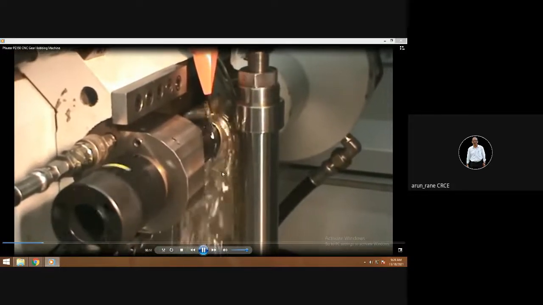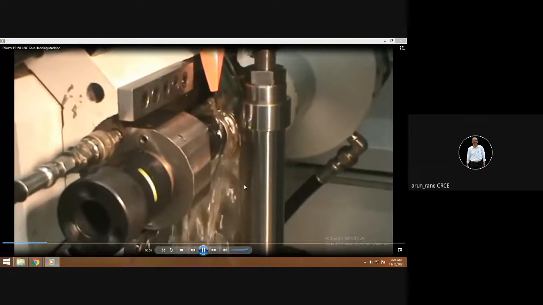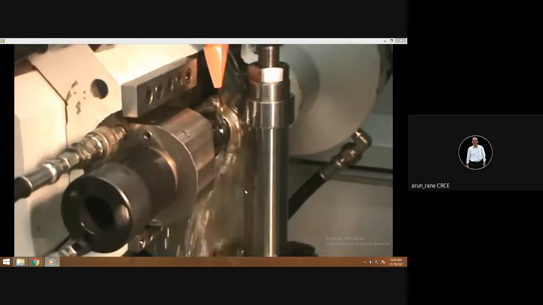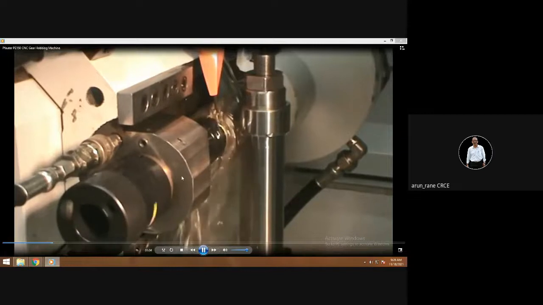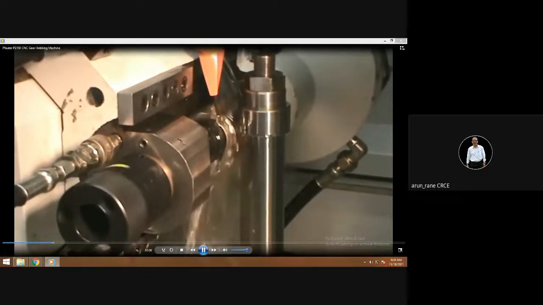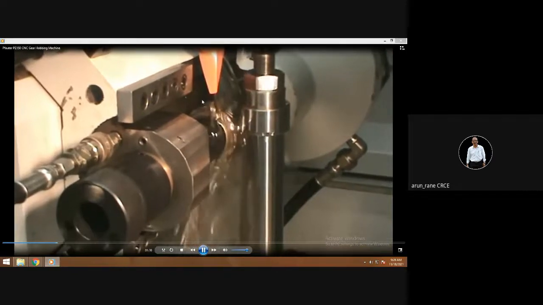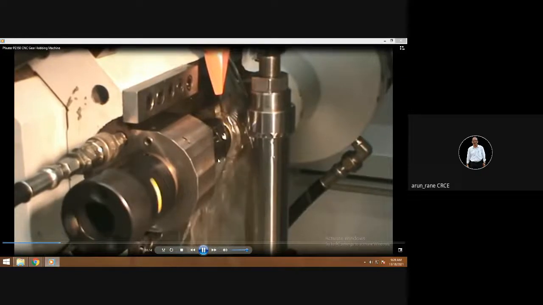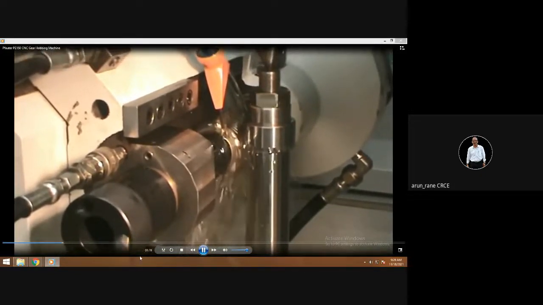The only disadvantage is that everything becomes oily, unlike oil plus water. Your workpiece, your surroundings, everything gets oily and it becomes slippery. But cutting wise, it is more efficient. But since the surrounding environment becomes oily, these are less preferred.